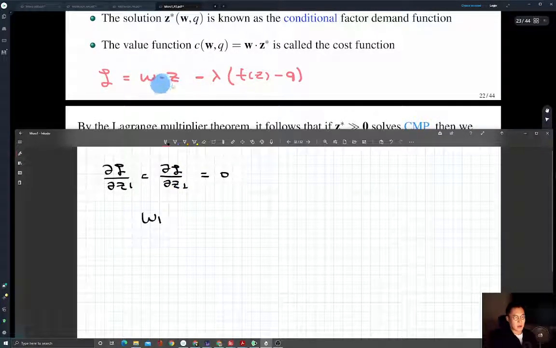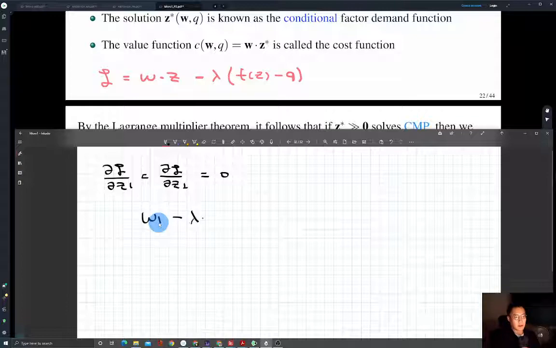If we take the partial derivative with respect to z1, we obtain w1, and minus lambda times the derivative of the expression in the parentheses, the partial derivative of f with respect to z1. That is the marginal product of input 1.